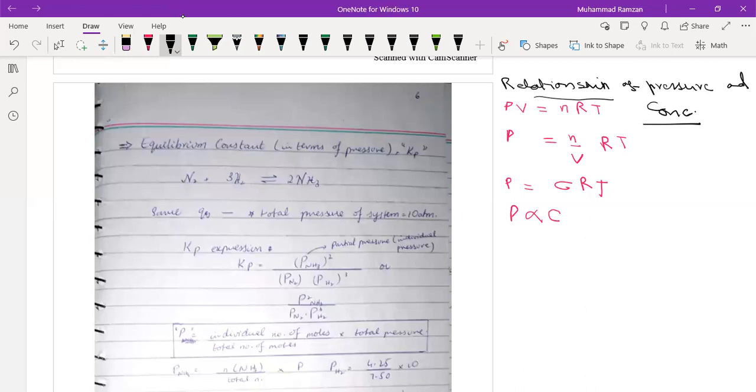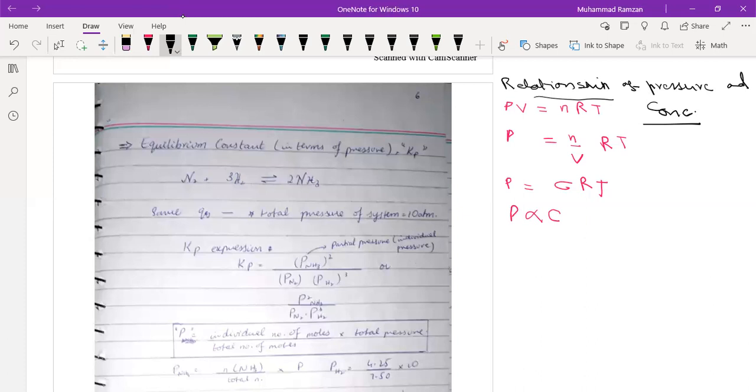Pressure is force per unit area, and it depends on the number of particles. If there are more particles in a given volume, it will be higher pressure, and the concentration would also be higher.